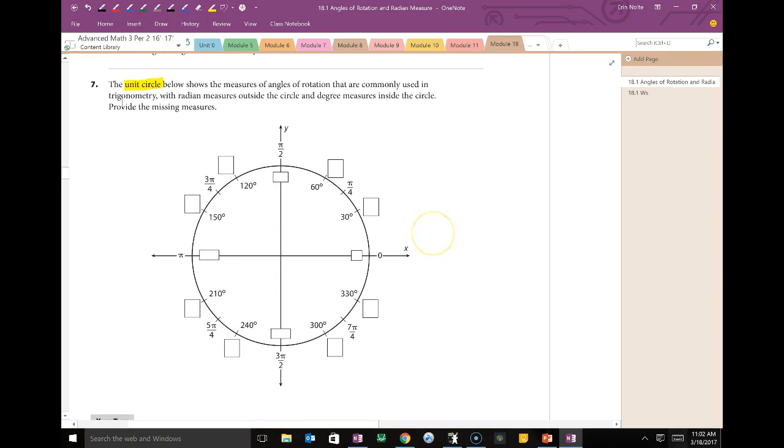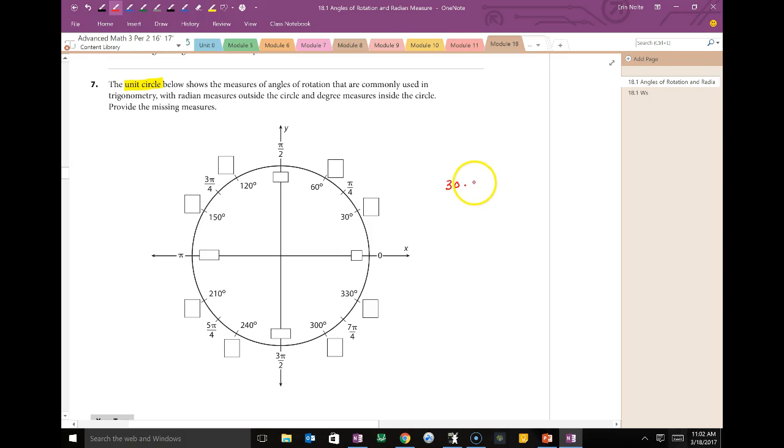So we are going to set this unit circle up. Let's use red. All we're going to do is fill in the degree, and we're going to have the radian measure in there as well. So what is 30 degrees?